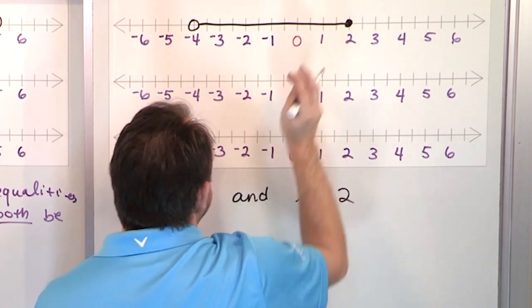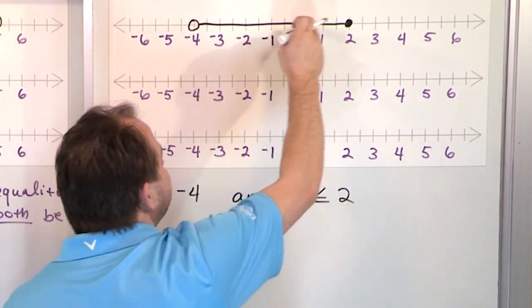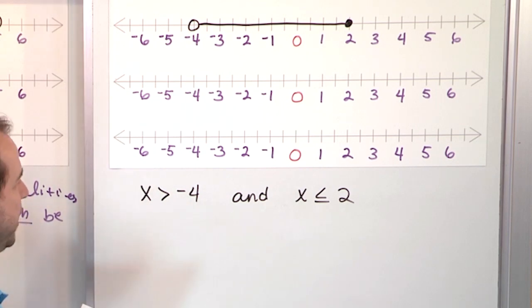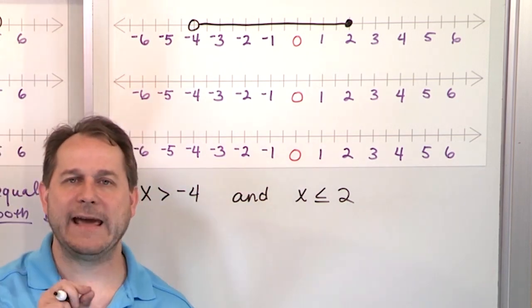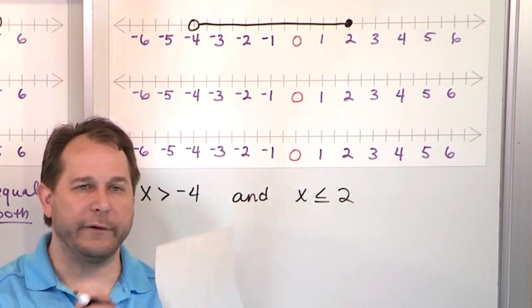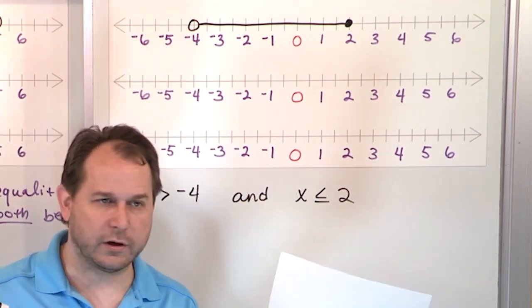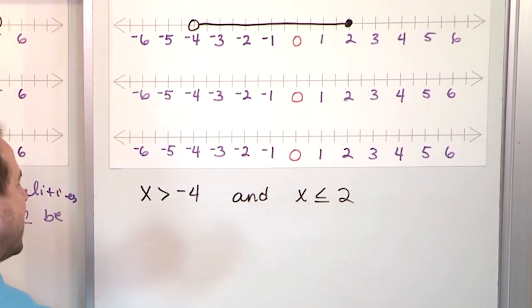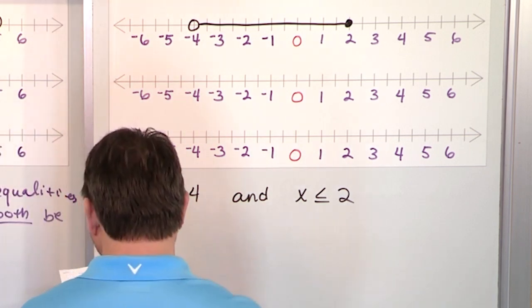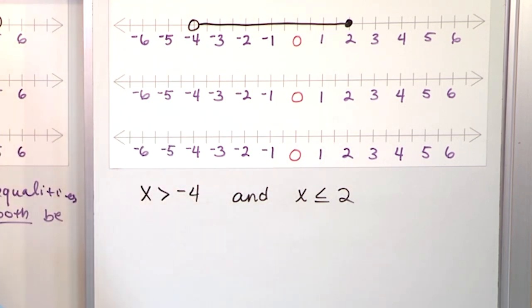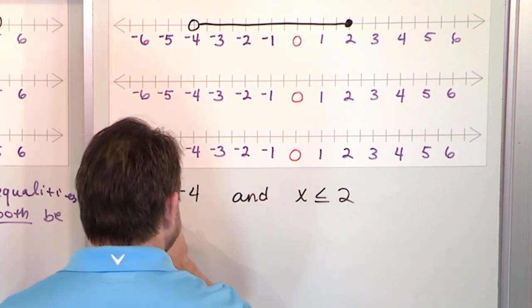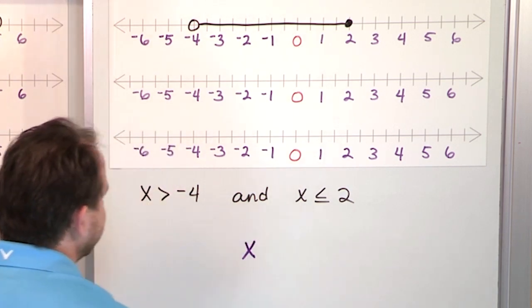Notice that this is an "and" inequality, and once again, it forms a line segment on the number line. It's always going to be like that. "And" inequalities, or conjunctions, always form line segments, either open circle or closed circle, but they always will. Now, another way that you would write this is as follows. The variable is x, so you just start by putting an x there.